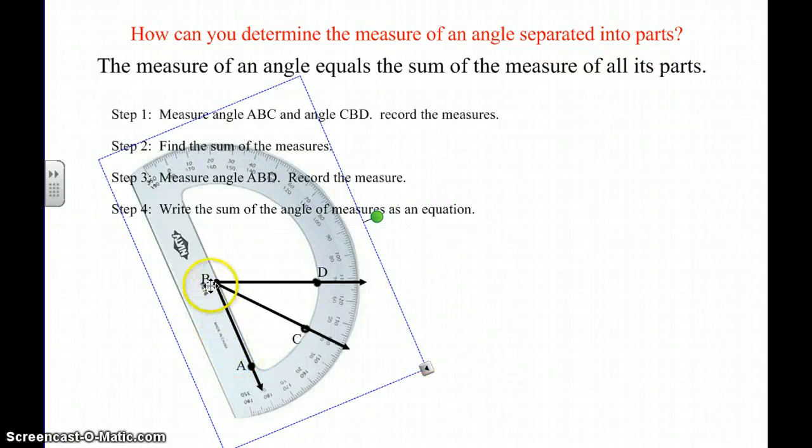Alright, so now we've got our center lined up on our vertex. We've got our ray BA lined up with 0. And we look to ray BC, and we see that it is pointing to 40 degrees.